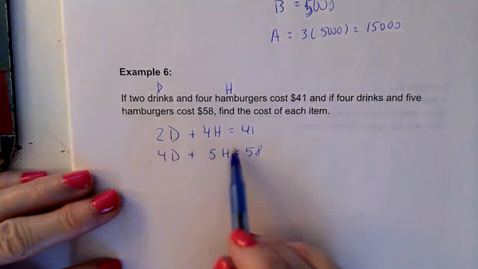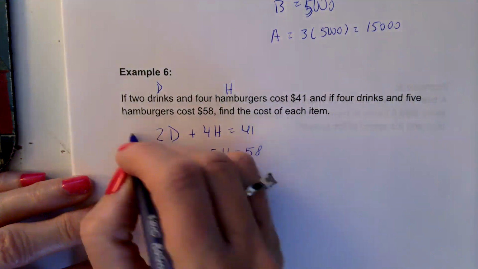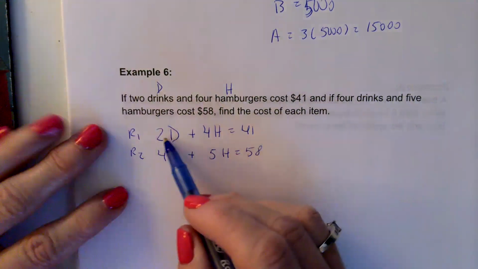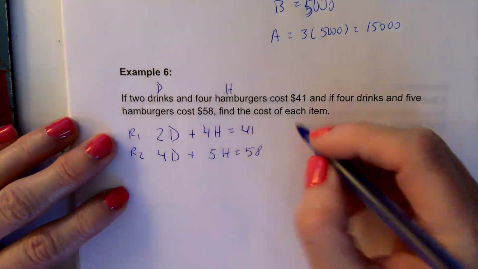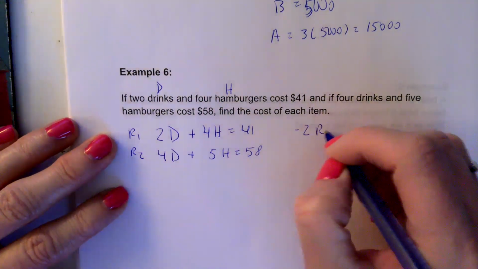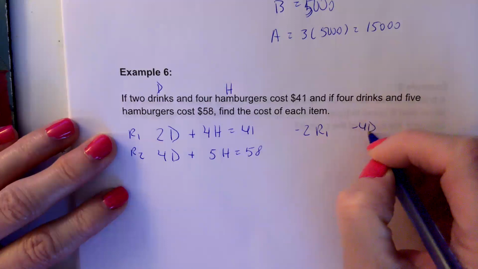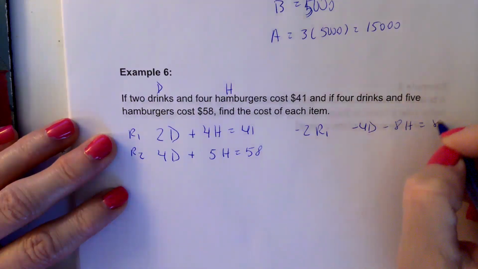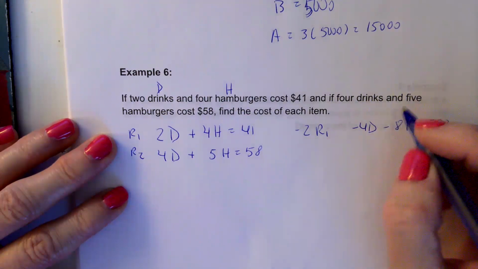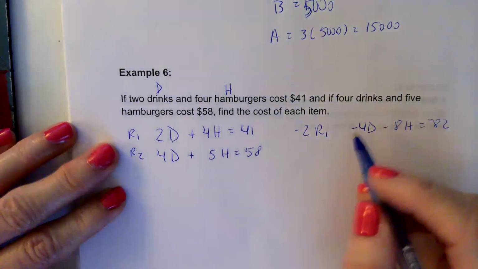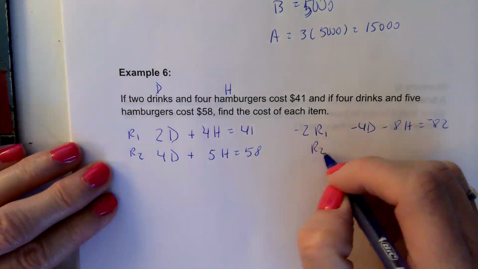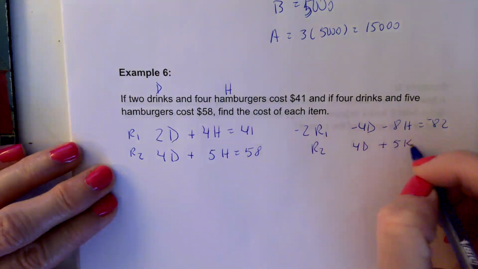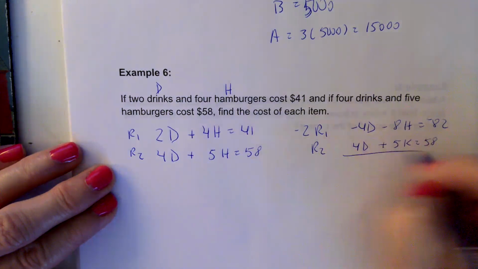So I'm going to use elimination, and we have row 1 and row 2, and I'm going to multiply row 1 by -2 to eliminate D. So -2 times row 1 is -4D minus 8H equals -82, because it was a negative. And then I'm going to leave R2 as is, so 4D plus 5H equals 58.